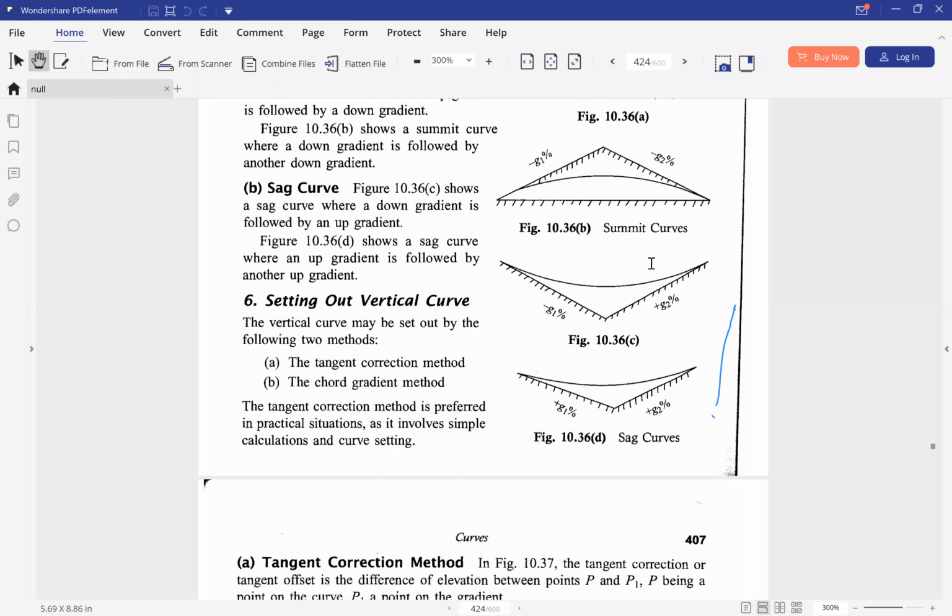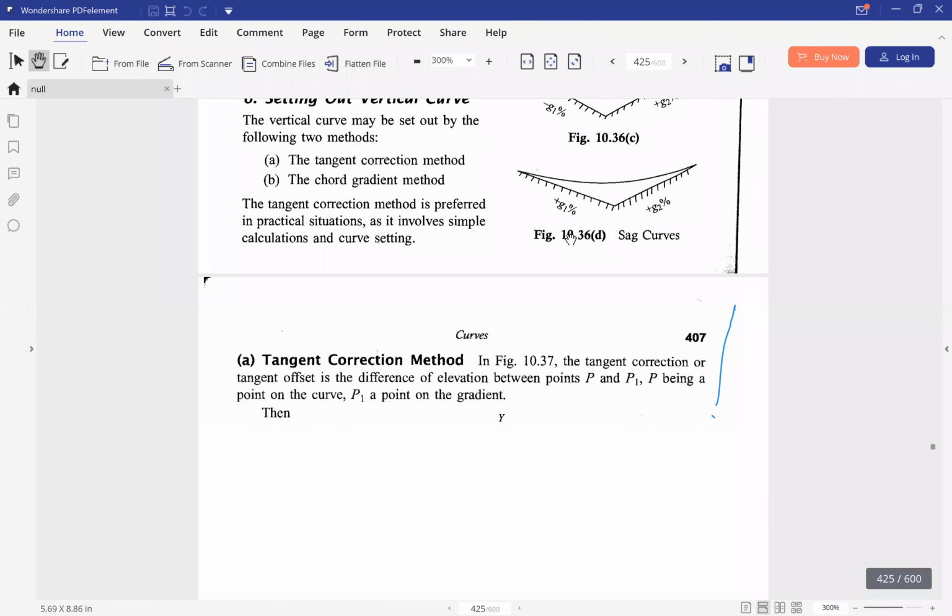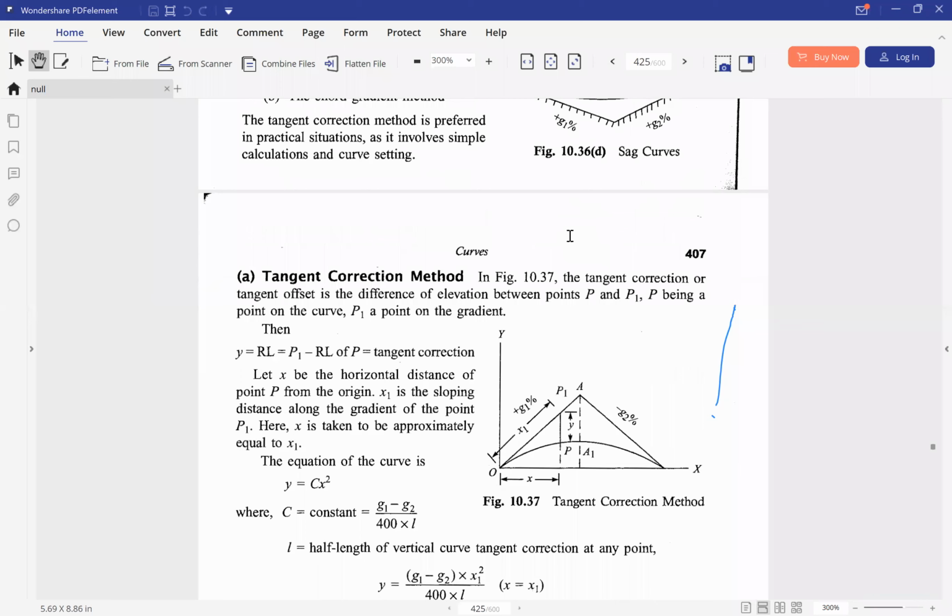What is the theory behind it is that, if I can show you, let's say this is a certain hill, and you have to provide your vertical curve over here, right? Now this is the profile of your vertical curve.